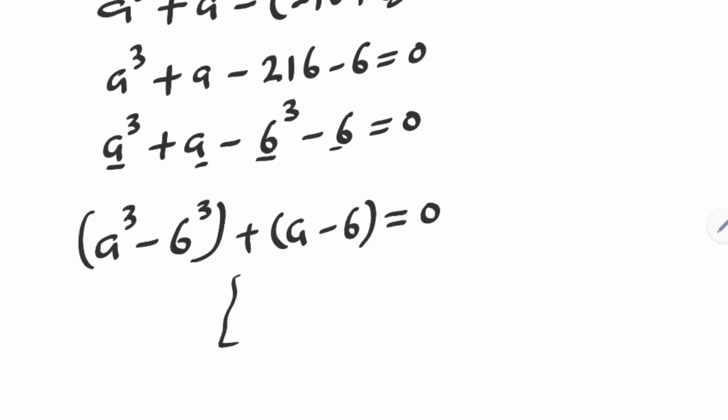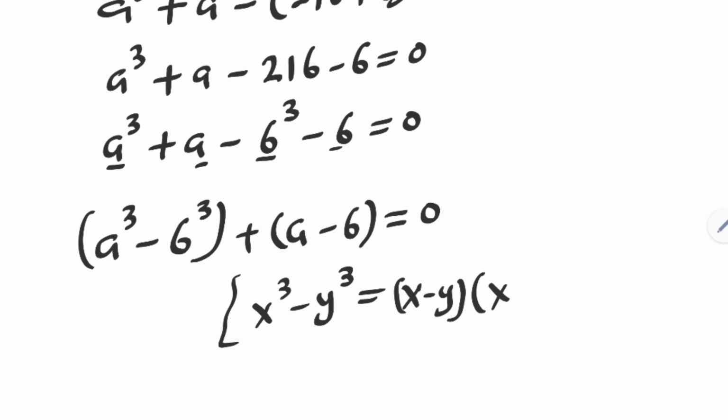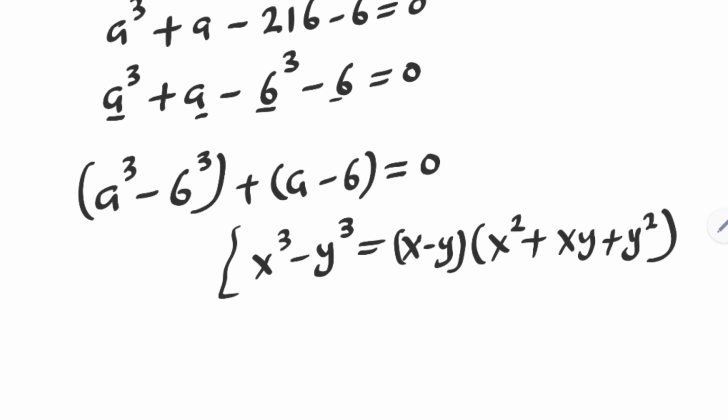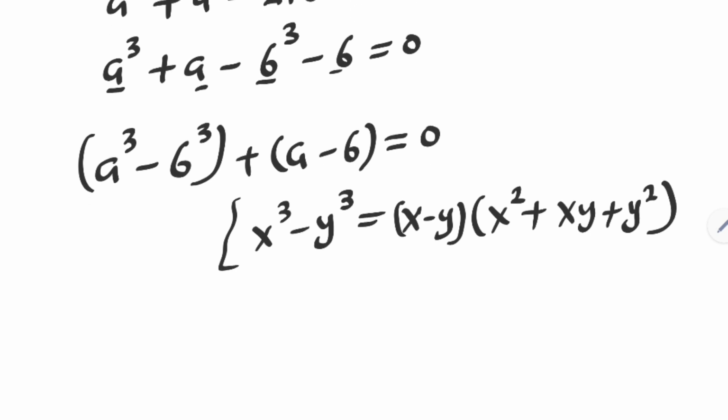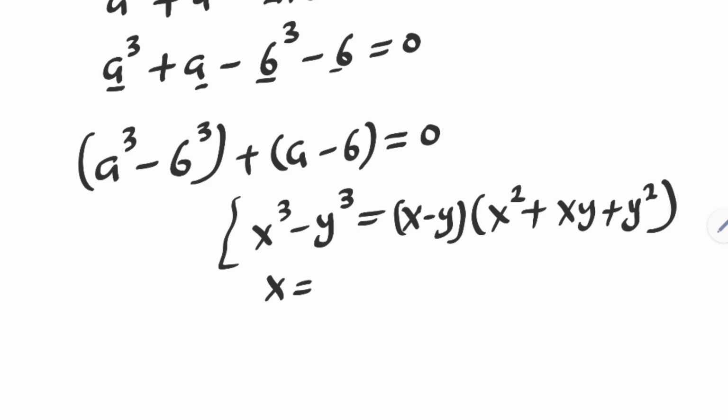If you have s raised to power 3 minus y raised to power 3, this is equal to s minus y bracket s square plus sy plus y square, where s is equal to a and y is equal to 6.